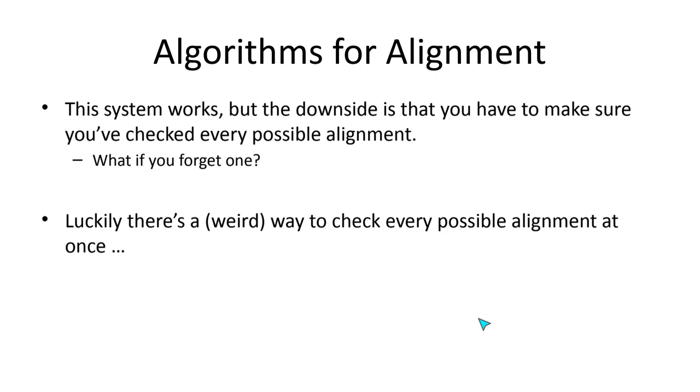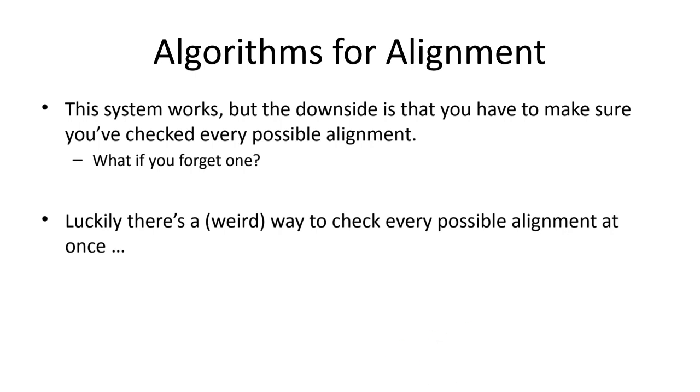I have good news and I have bad news. The good news is a pair of researchers back in the 1970s came up with a way to check all possible alignments. Not only that, but to check all possible alignments at once. That's the good news.